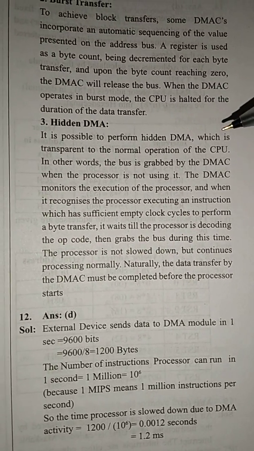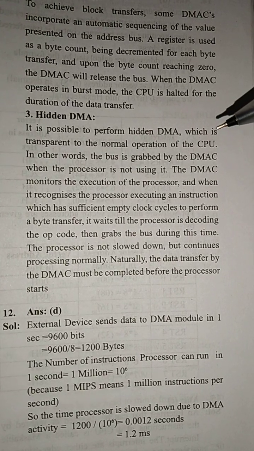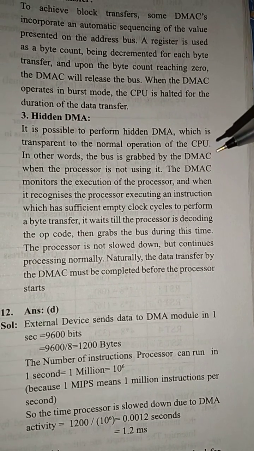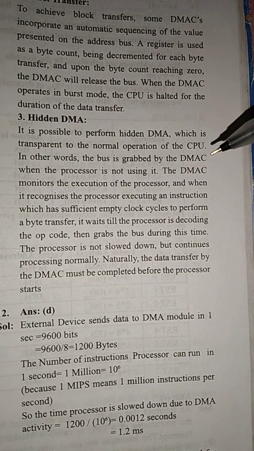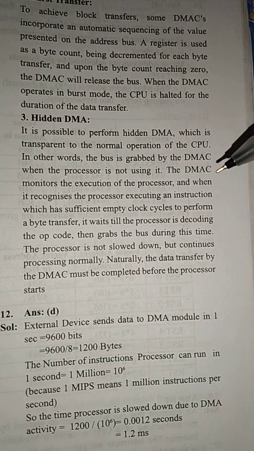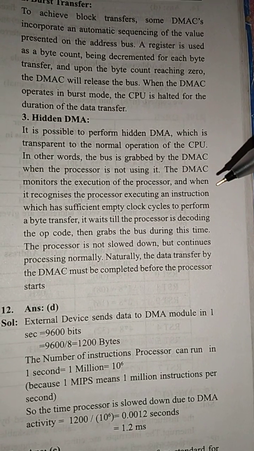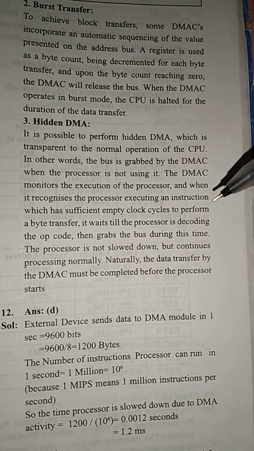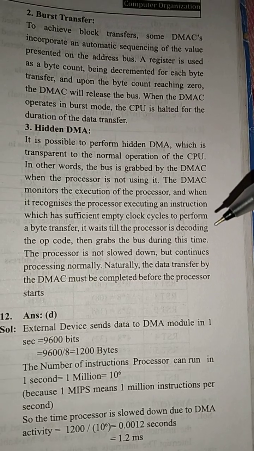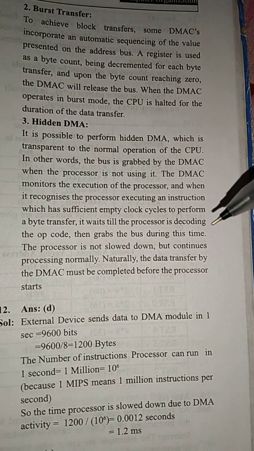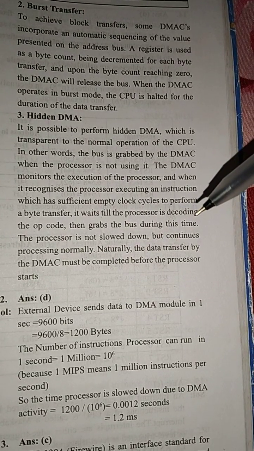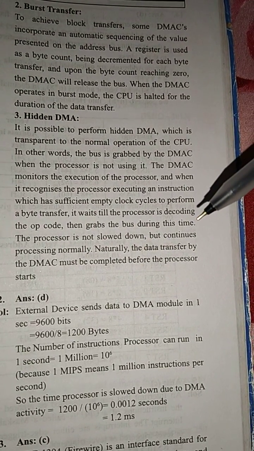Hidden DMA. It is possible to perform hidden DMA, which is transparent to the normal operations of the CPU. In other words, the bus is grabbed by the DMAC when the processor is not using it. The DMAC monitors the execution of the processor, and when it recognizes the processor executing an instruction which has sufficient empty clock cycles to perform a byte transfer, it waits till the processor is decoding the op code, then grabs the bus during this time.